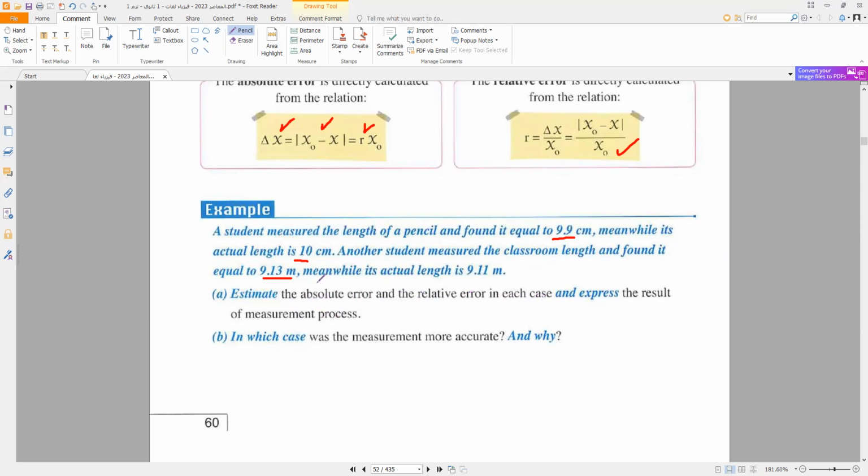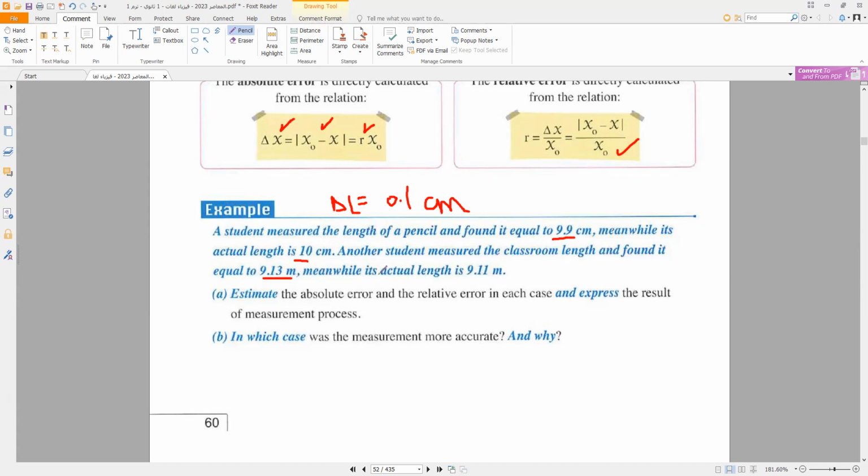Okay, to get the absolute error of the length of the pen, 10 minus 9.9 equals what, guys? Equals 0.1. Does it have a unit or not? It has a unit: 0.1 centimeter. This is the absolute error of the length of your pencil. And another student measured the classroom length. It was found 9.13. Its actual length equals 9.11.